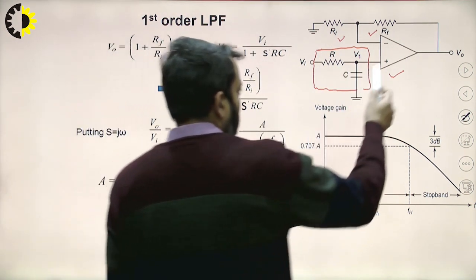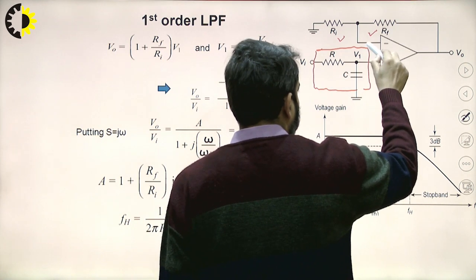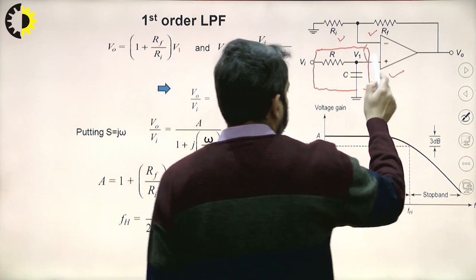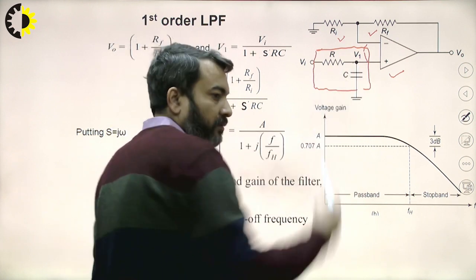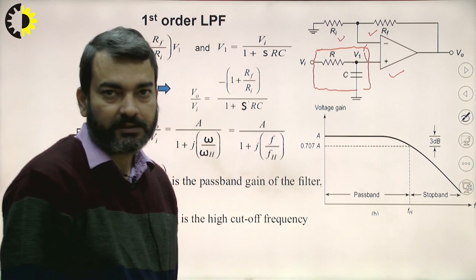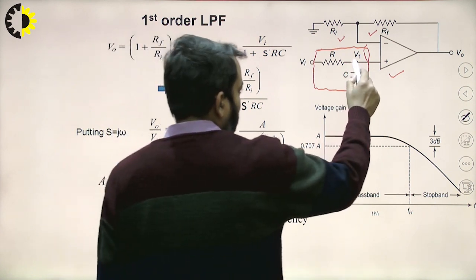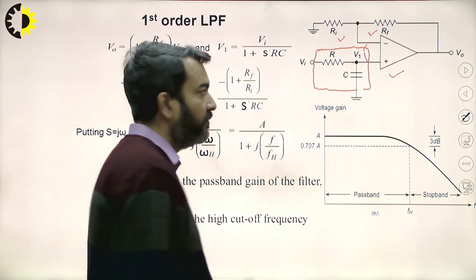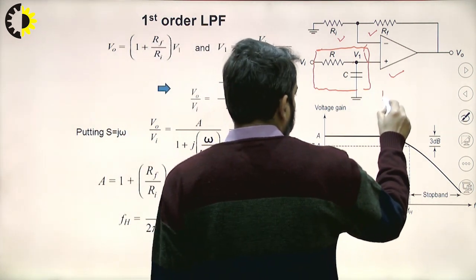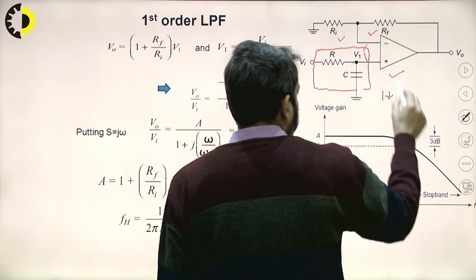So we know there is a negative feedback, there will be virtual short. So voltage at this point, this is now non-inverting configuration. This voltage V1 will be amplified by this op-amp with gain of 1 plus this by this.